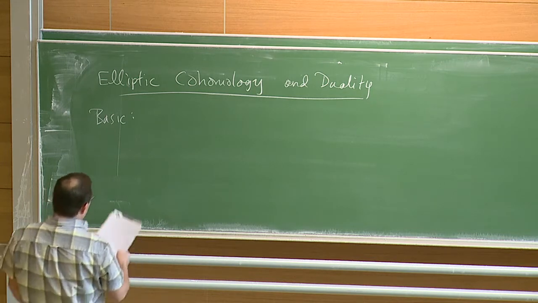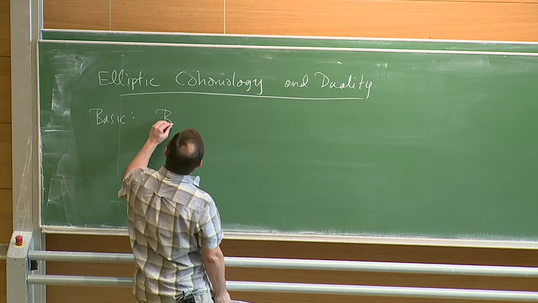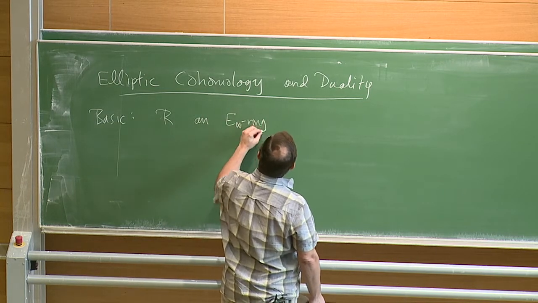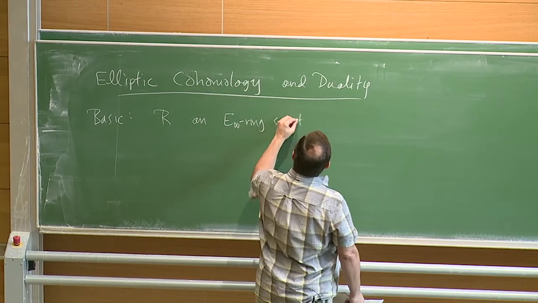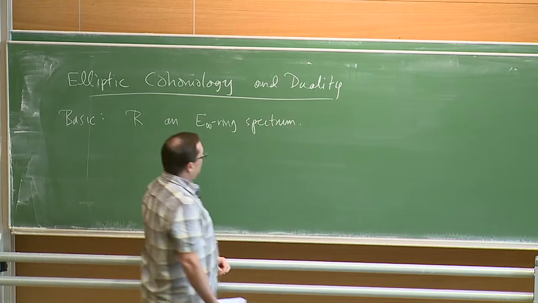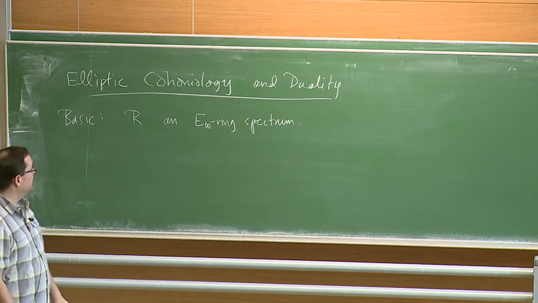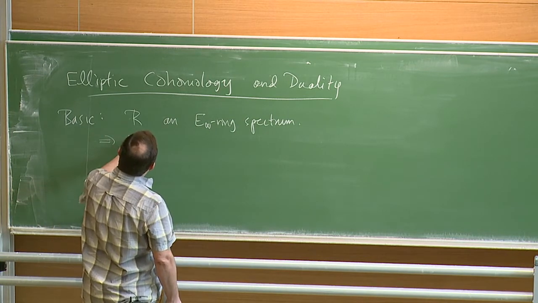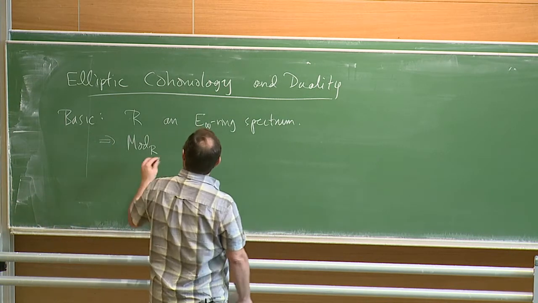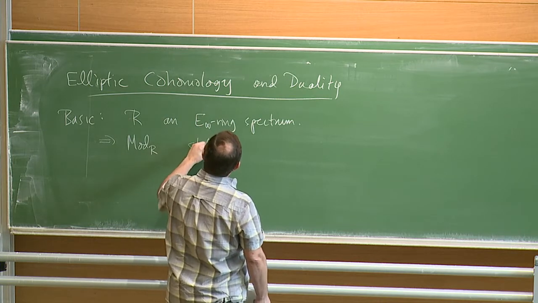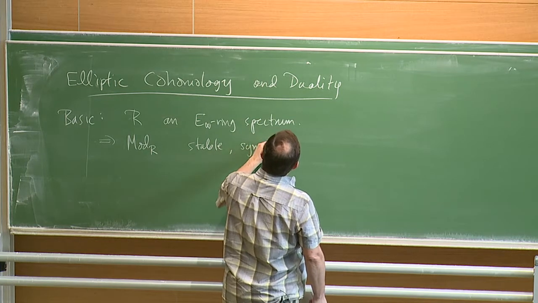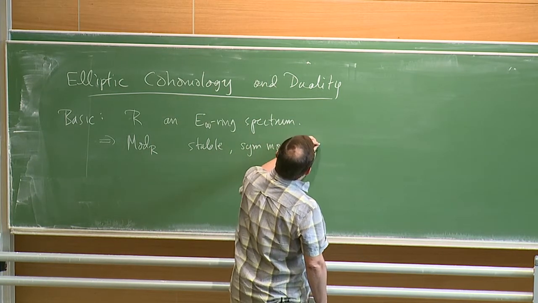Right, okay. Basic setup, let's take R an E infinity ring spectrum. Okay, and I want to do that because then mod R is a stable infinity category, stable symmetric monoidal infinity category.